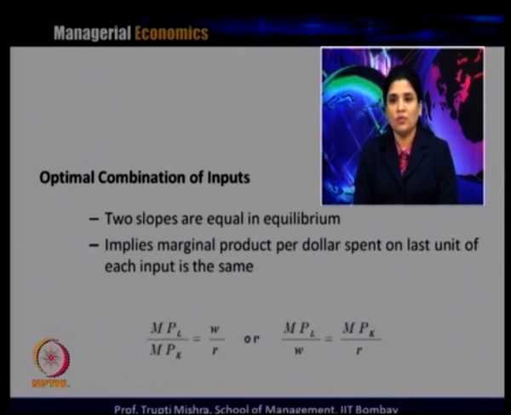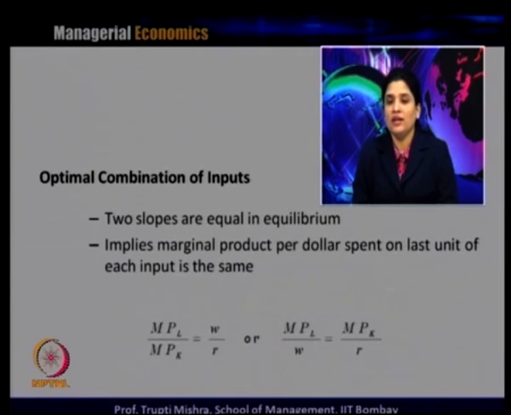And what is the slope of the isocost? That is the ratio of the input prices, that is W and R. So, if you simplify this, it is MPL by W equals MPK by R. The left hand side gives us the ratio of marginal product and input price for labor, and the right hand side gives us the ratio of marginal product and input price for capital.